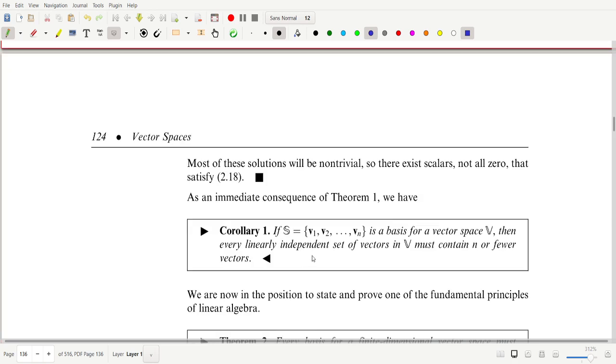Then we can easily follow this corollary. S is equal to V1, V2, etc., Vn is a basis for a vector space V. Then every linearly independent set of vectors in V must contain n or fewer vectors.